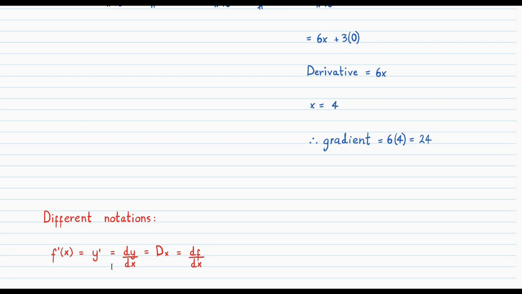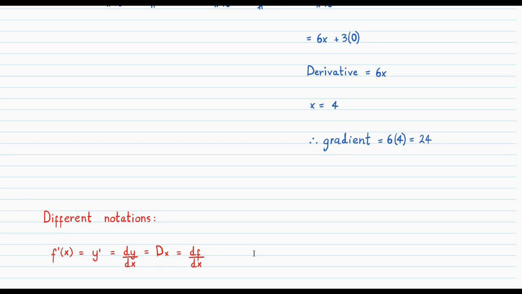Then a completely new one is dy over dx, whose full form is read as the derivative of y with respect to x. Another one is d of x, which also means the same thing. And the last is df over dx, which is similar to dy over dx, but the y is just replaced with f. I'll use these different forms at different points during this video and just assume you know what they mean.